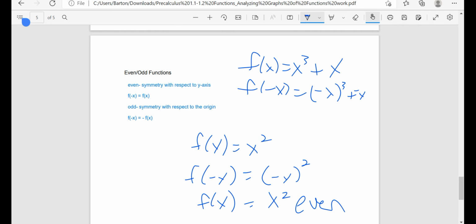That's going to give me negative x times negative x times negative x is negative x cubed minus x. And what do we see here? Everything's the opposite. Everything must be the opposite in order for it to be odd. And that's the case. So it is, in fact, an odd function.